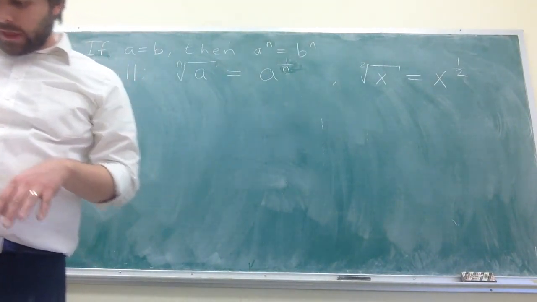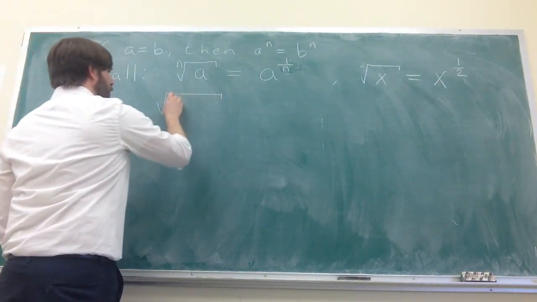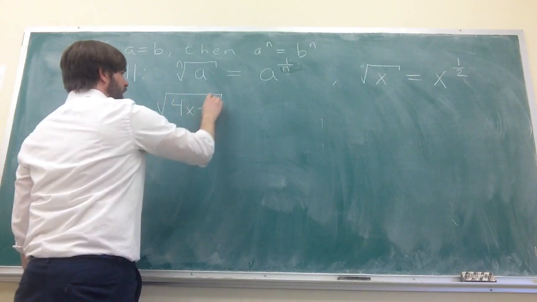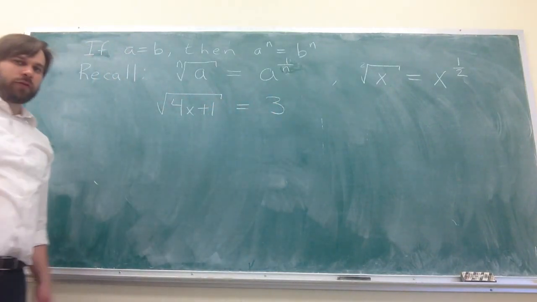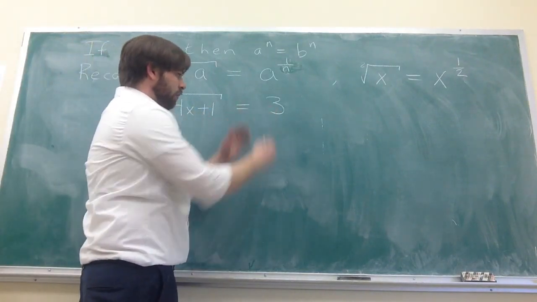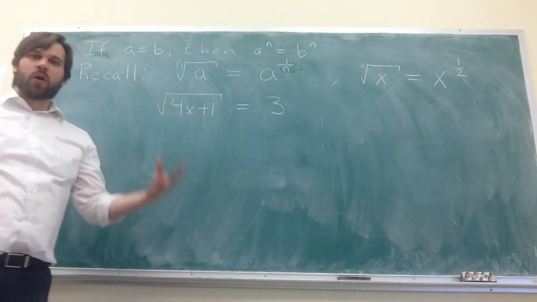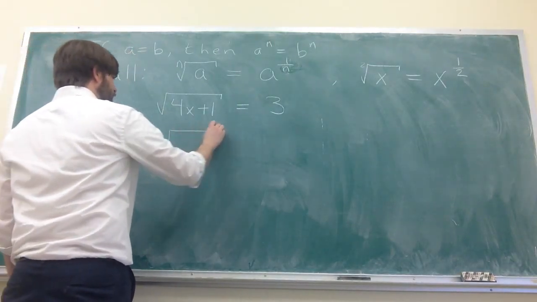Now, in our most basic examples, we have something like the square root of 4x plus 1 is equal to 3. When you've got something under a square root equals a nice number like this, we can square both sides of the equation.